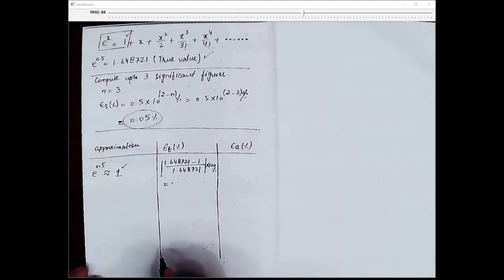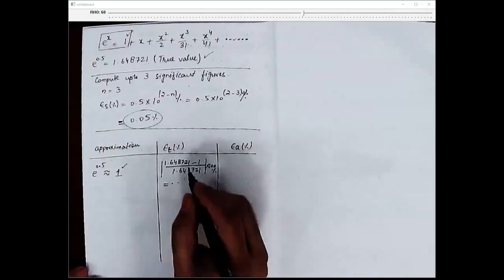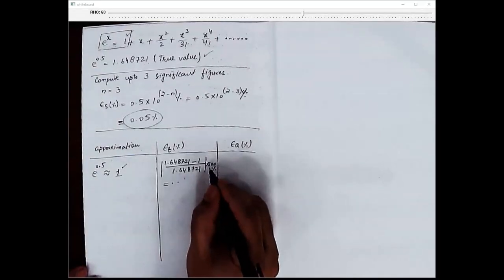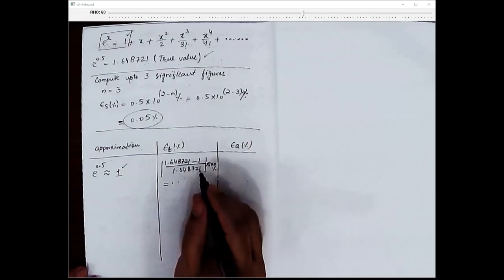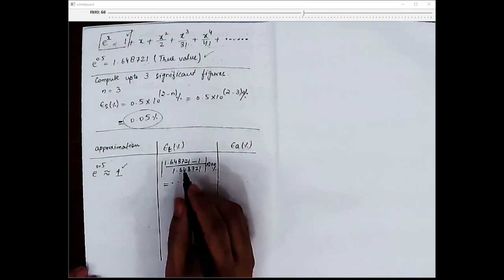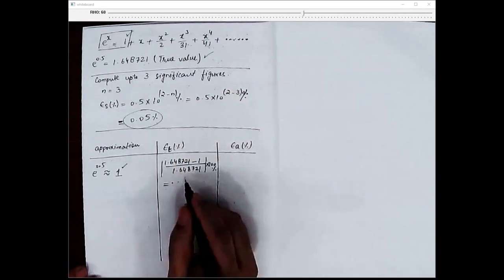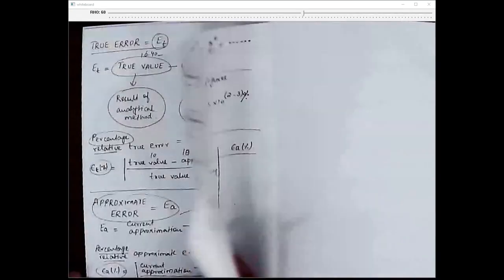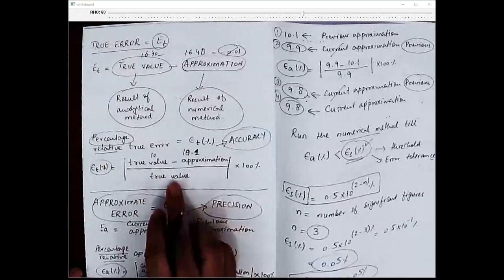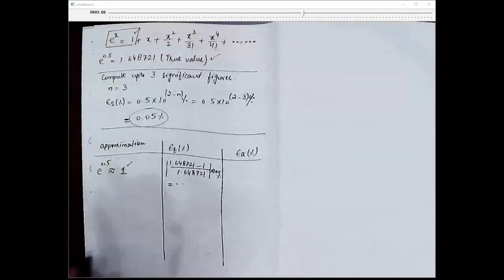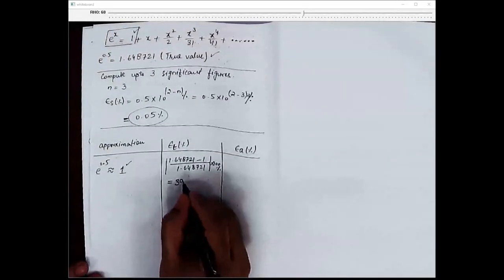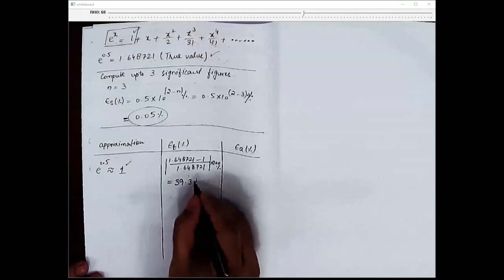So now if you have a calculator, you can compute it. Otherwise, I'm going to compute it with my calculator. 1.648721 minus 1, which is the difference between the true value and the approximation, divided by the true value. I am applying this formula, true value minus approximation over true value, and then multiplying by 100%. Okay, I get an error of 39.3%.